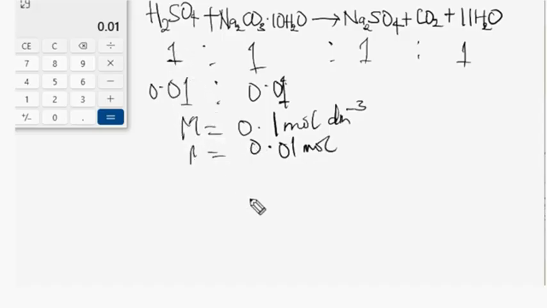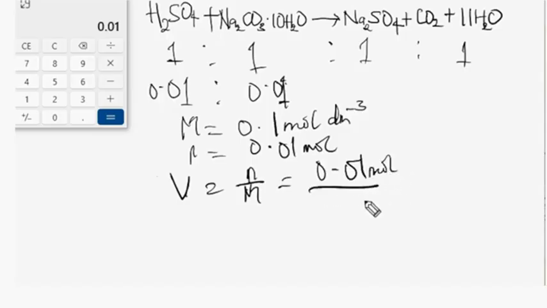What we are simply going to do to get the volume is to divide the number of moles by the molar concentration. This will give us 0.01 mole over 0.1 mole per dm cube.